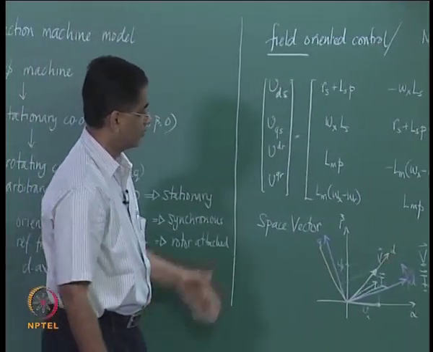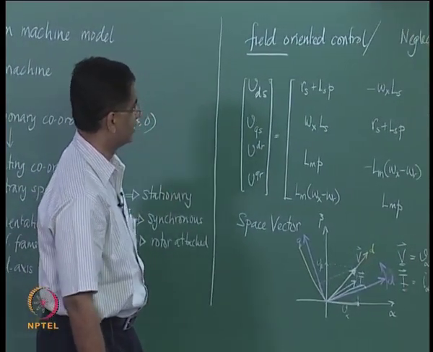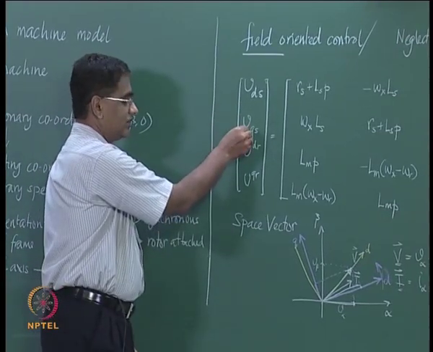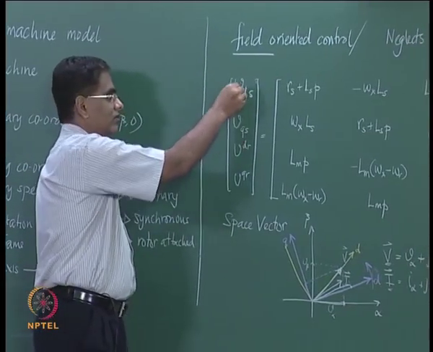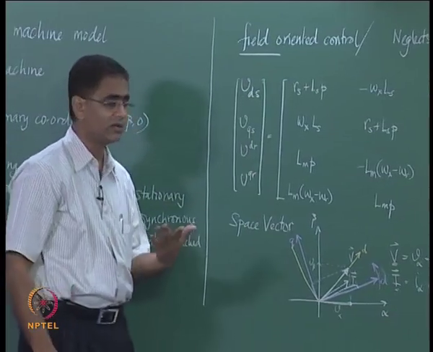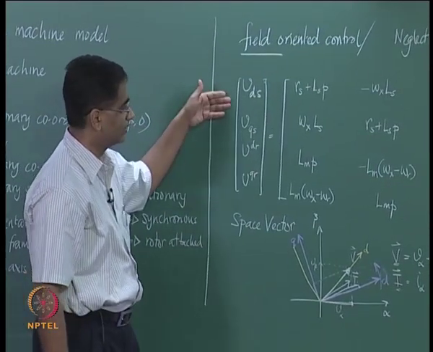So what one can do is, from these equations you add this j times the second equation to the first, and then you get the voltage space vector of the stator.